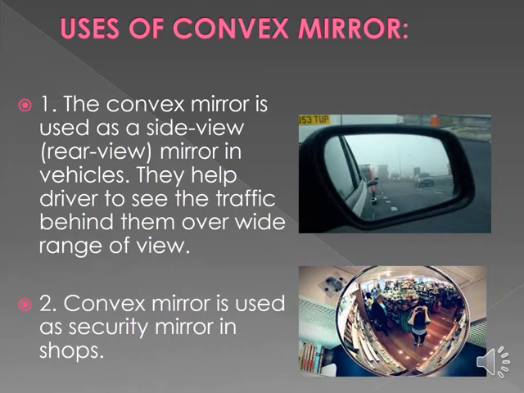So as the image formed by convex mirror is diminished, so you can view a wide range of area with this mirror. Number 2, convex mirror is used as security mirror in shops. Again, because convex mirror always forms virtual erect and diminished image, so it is used as security mirror in shops.